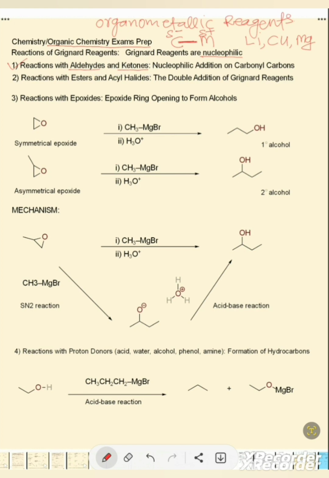So Grignard reagents would add on aldehydes and ketones to form primary, secondary, or tertiary alcohols. In case of formaldehyde, they form primary alcohol. In case of other aldehydes, they would form secondary alcohols. And in case of ketones, they would always form tertiary alcohols.